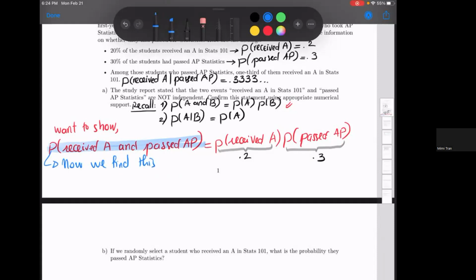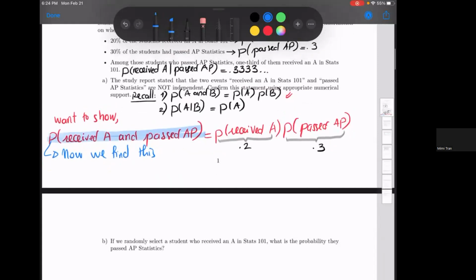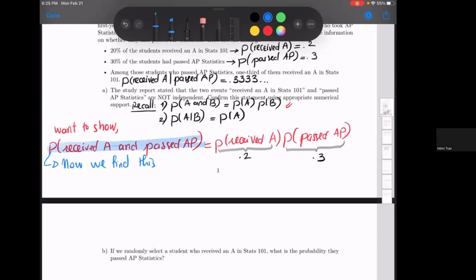Can you come up with something that involves that using conditional probability? In conditional probability, P of A given B is equal to P of A and B divided by P of B, right? So that's the numerator, P of receiving A and pass AP, the same thing as P of A and B. So we have to figure out what is P of A given B and P of B.